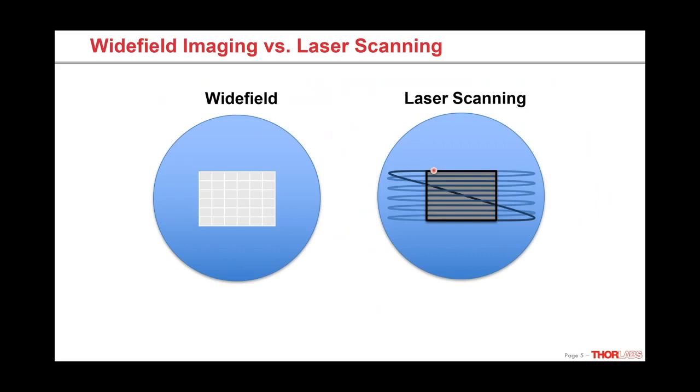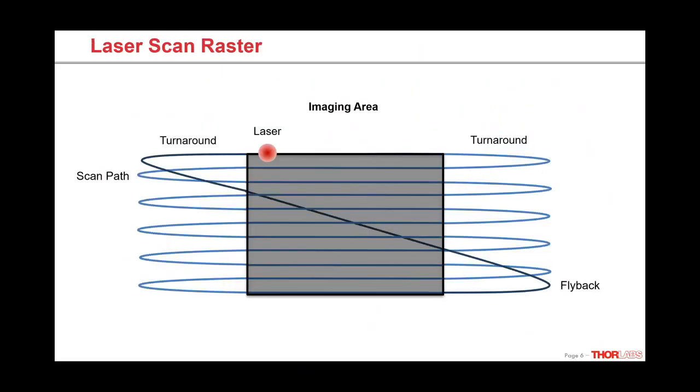In order to generate an image in wide field, since one is illuminating the entire area at the same time, you could use a camera to capture with different pixels spaced over the image space to simultaneously image the whole area. With laser scanning, the excitation laser spot needs to be rastered across the field of view, and then the image can be reconstituted after rastering across the entire field of view.